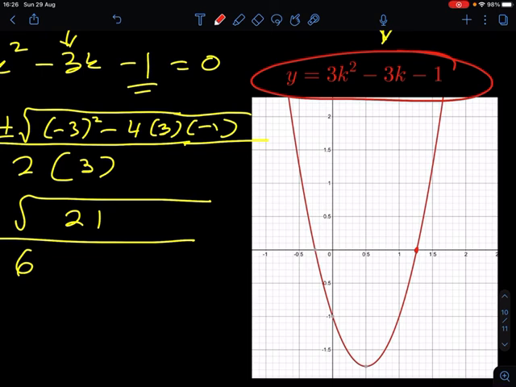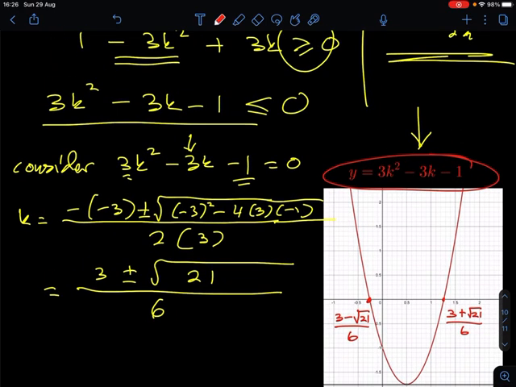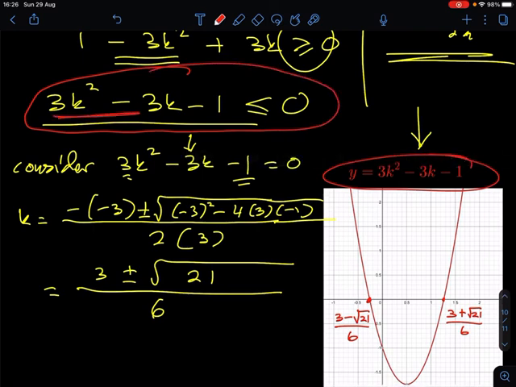The positive value is 3 plus square root of 21 over 6. The negative value is 3 minus square root of 21 over 6. Now we know from our equation that 3k squared minus 3k minus 1 is less than or equal to 0.